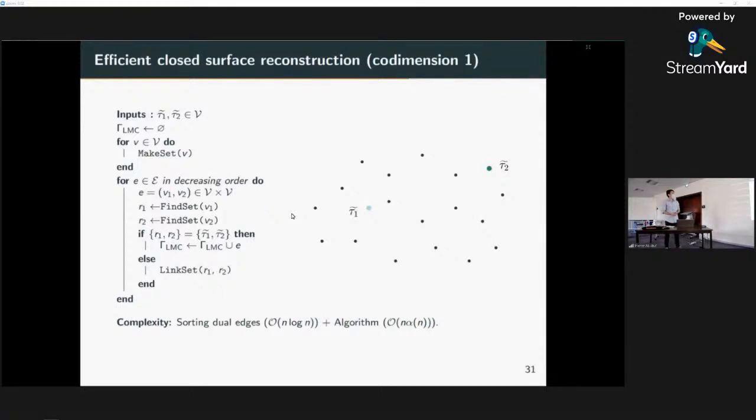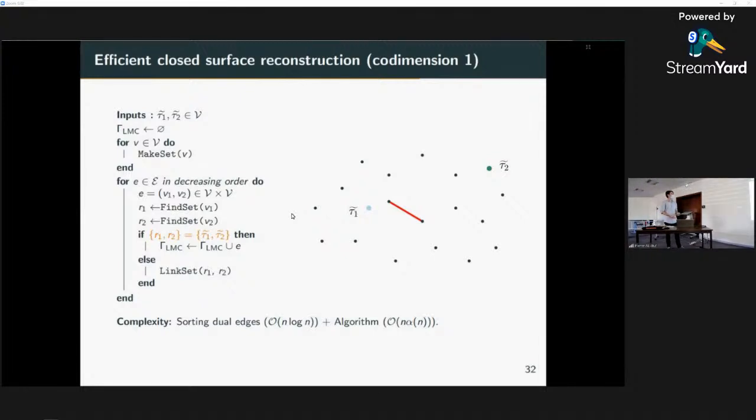So here's the algorithm we use for the closed surface reconstruction. At the start, we have all the vertices of the dual graph in separate sets. We then iterate on the edges of the dual graph, which in the primal graph in 3D will be the triangles, in decreasing order using the total order on the 2 simplices. For each edge, we call the find set operation on each vertex to check their connected components. The property we want to verify is that the set containing tau 1 and the set containing tau 2 are separate.